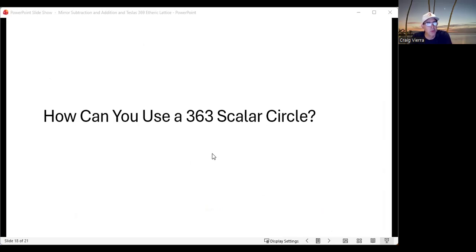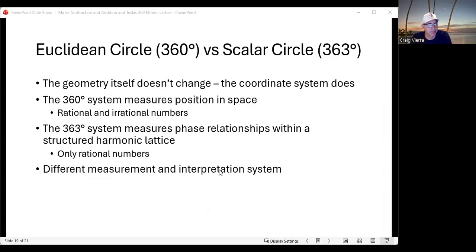So how can we use a 363 scalar circle? People are like, no, you can't do that. We're using a 360-degree circle. A lot of people raise their eyebrows at that. But I'm telling you, the geometry doesn't change at all. The coordinate system does. As you recall, the 360-degree system measures position in space.